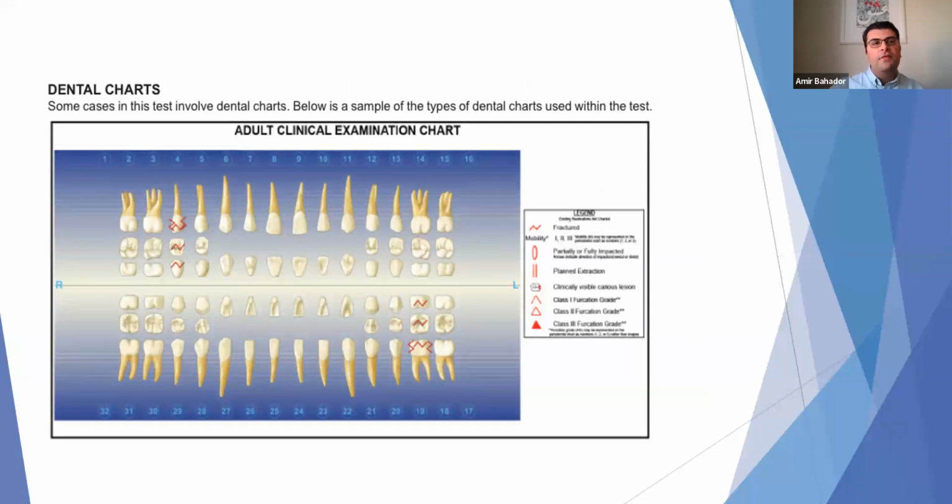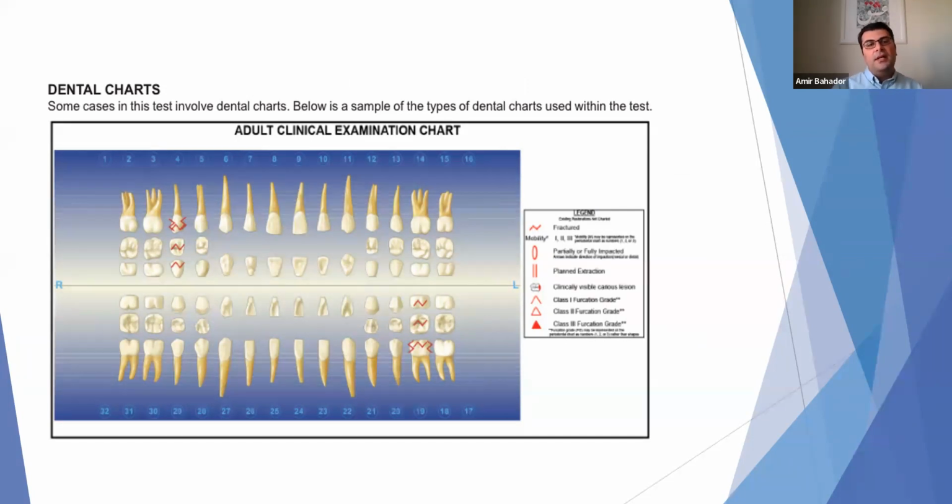As I told you before, about the clinical science part, there are some case-based scenarios, and here is a chart that you will see in your exam. I put this picture here to show you that the numbering system in the US for the tooth is just like this, from 1 to 32, and they do not use the 2-digit numbering of teeth.